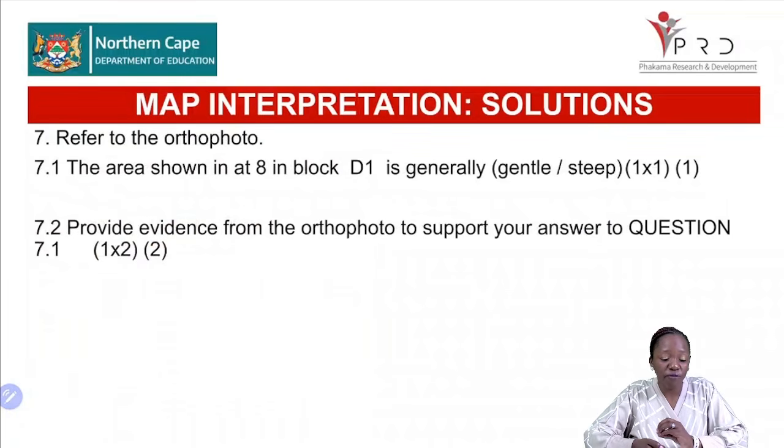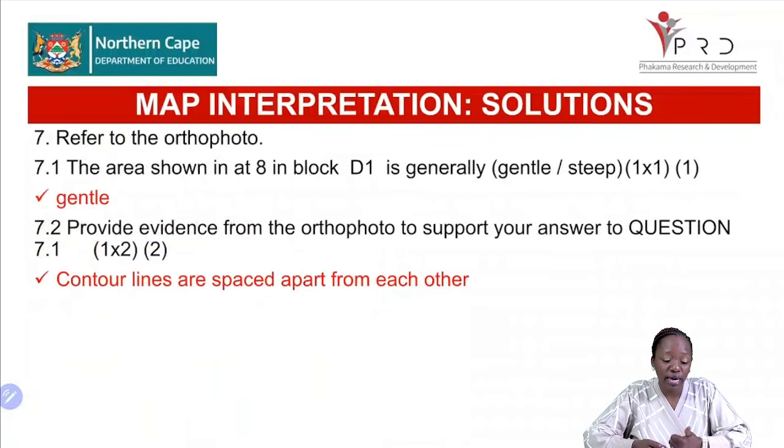Right, grade 12, looking at our first question, the area at number 8 in block B1, it is gentle. Why is it gentle? Because we're looking at our 7.2, which is the evidence. The evidence is that we see the contour lines are spaced far apart, or you simply say they are far from each other.